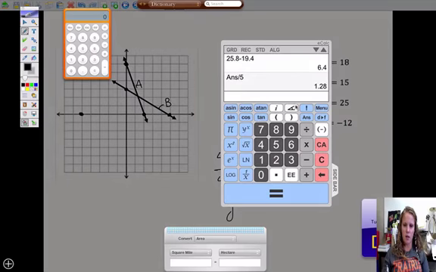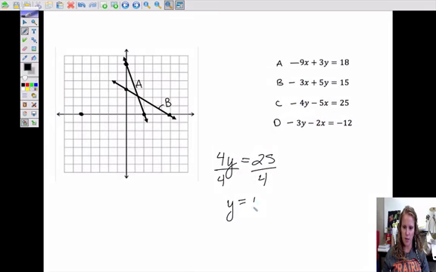So let's divide 25 by 4 to see what our decimal will be. 6.25. That's not that bad. So 6.25 is going to be our y-intercept. So this was 6. So right up there, about half a half. And that's going to be our y-intercept. And that is line C.